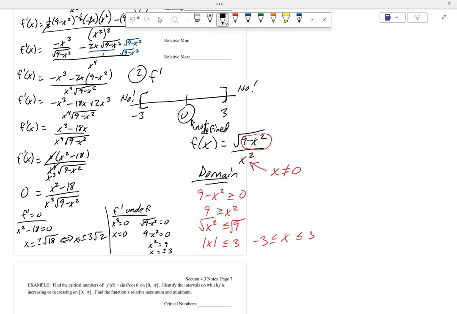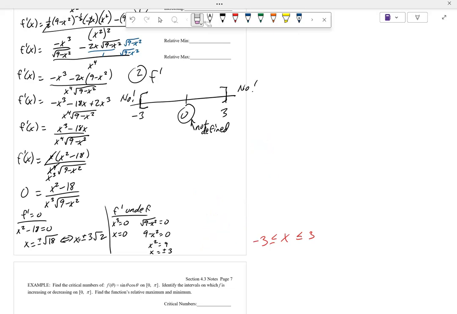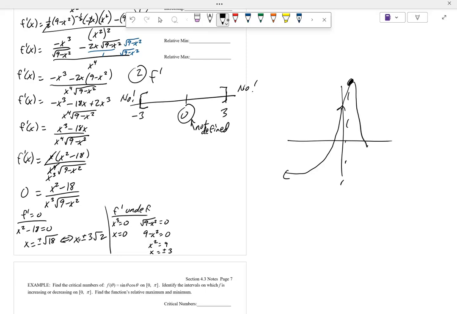Okay? Now, I'm going to still test around -3 and +3. Let me erase this stuff, you guys, our domain stuff here. I'm sorry, I'm going to test around 0, but just note that it's not defined in the original function. So if it's not defined in the original function, even if it's increasing or whatever, I'm not going to have a point at which I have a local max or anything because I'm not defined there.